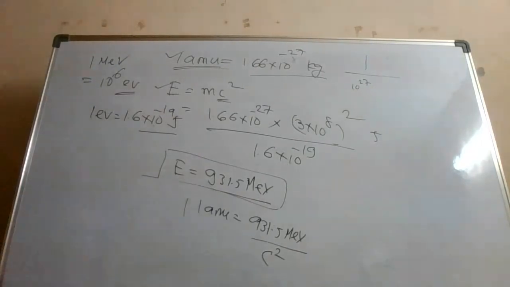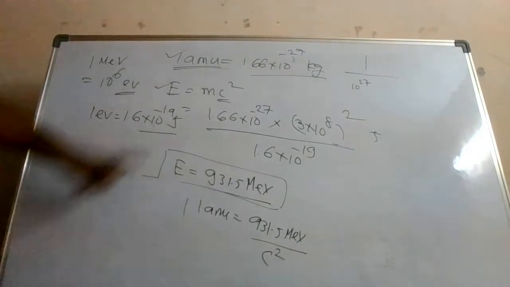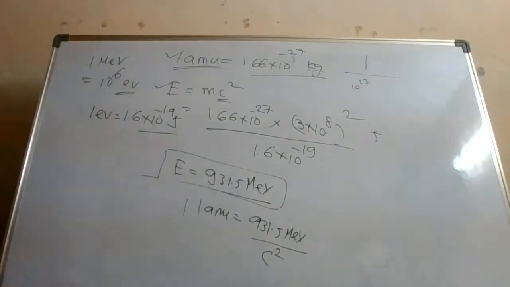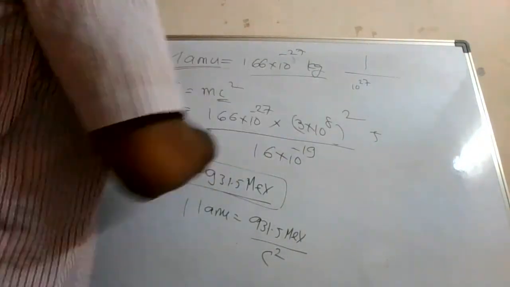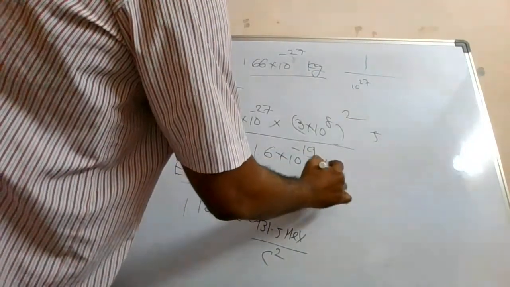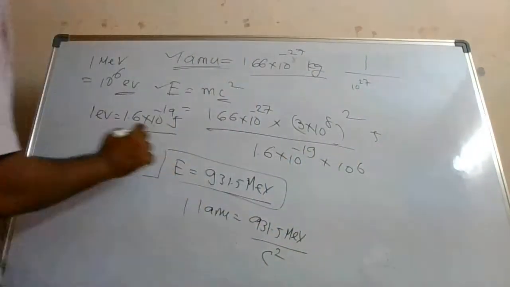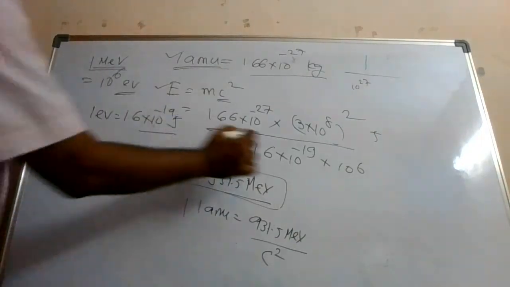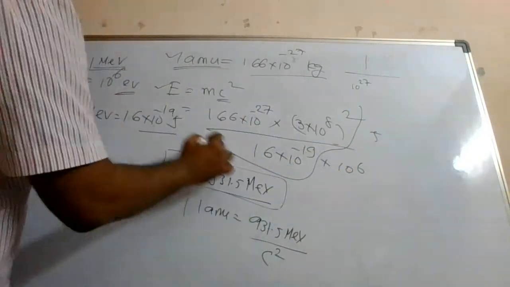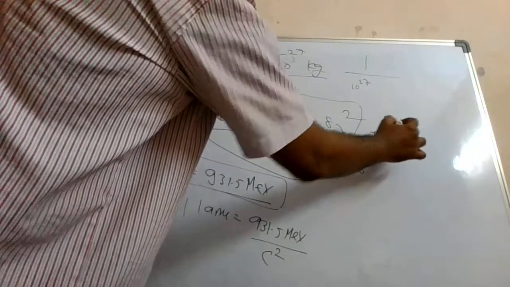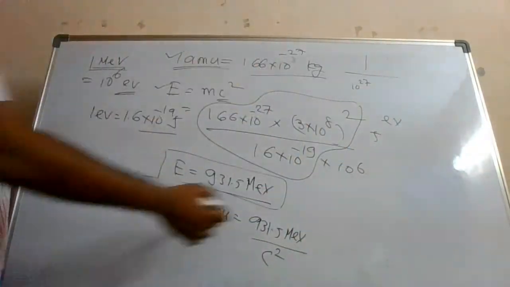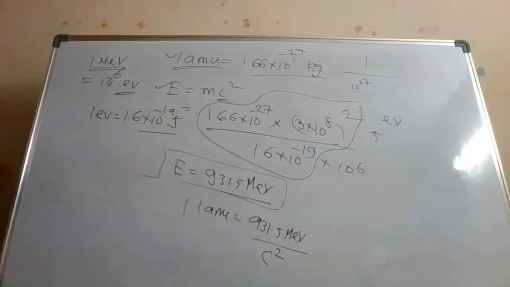So this is what is useful while doing some numericals. You can solve it, you will get this value. If you don't get, you tell me. This whole thing also has to be divided by 10 power 6. Why? Because we want in million electron volts. This part is going to give you in electron volts. But if you want in million electron volts, divide by 10 power 6.